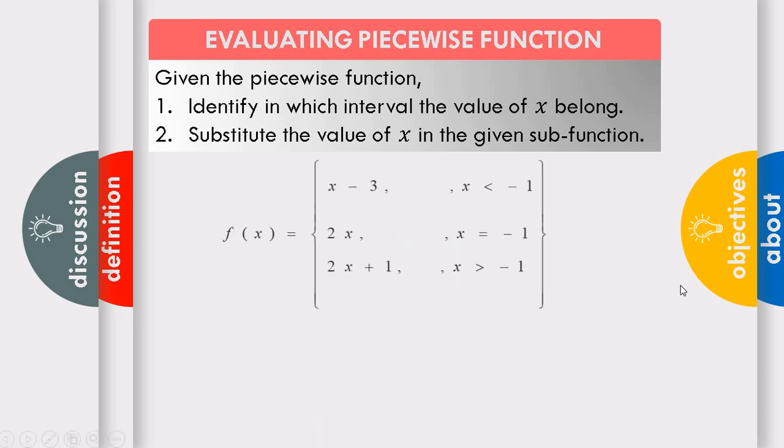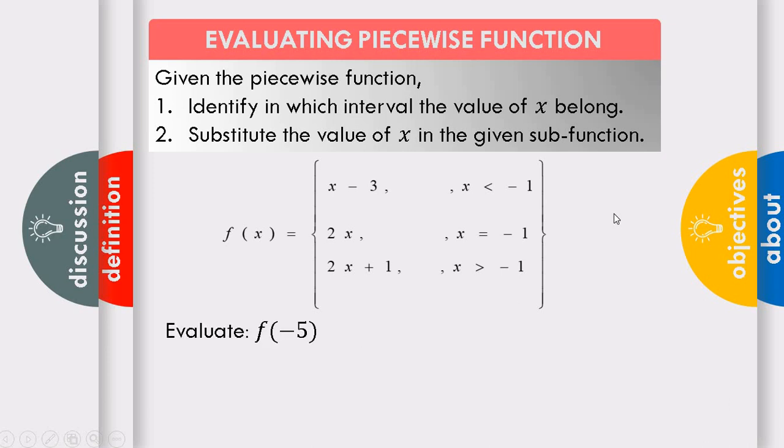Next. Here we have a piecewise function with three different subfunctions: f of x equals x minus 3, 2x, and 2x plus 1, where x is less than negative 1, x is equal to negative 1, and x is greater than negative 1.